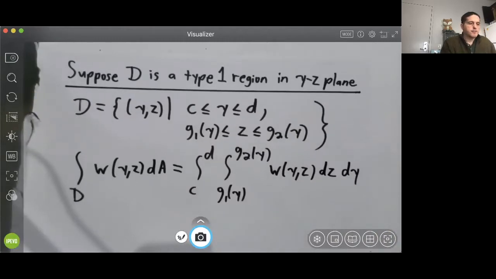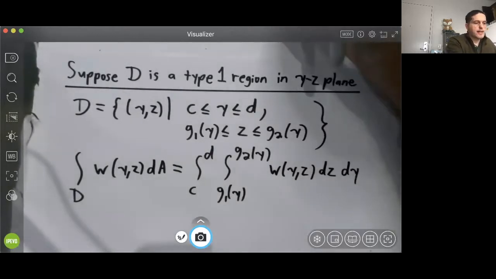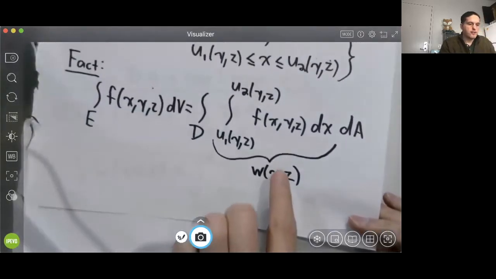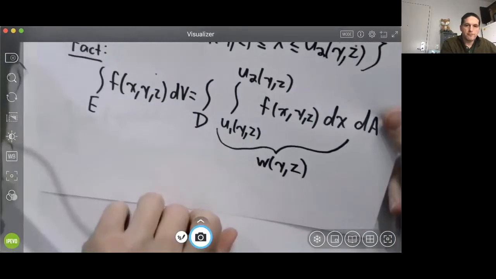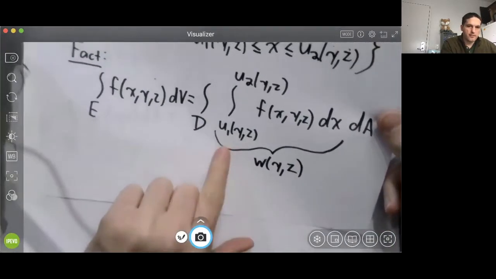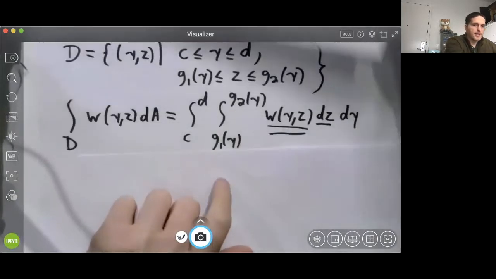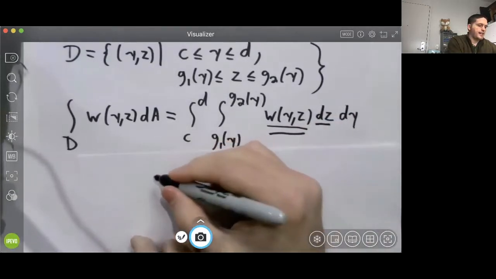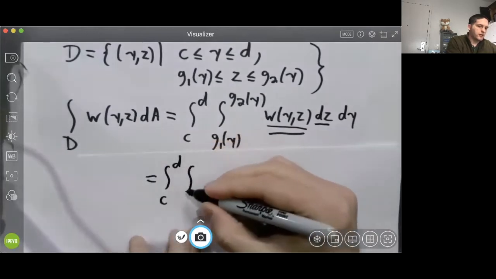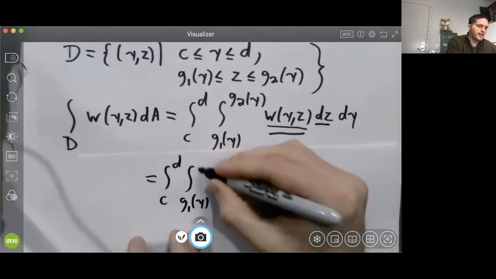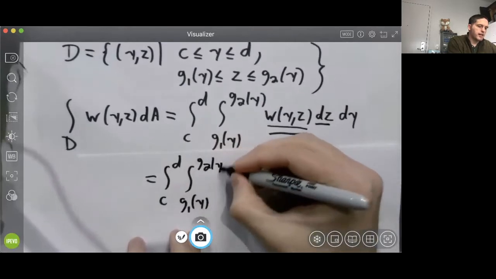Now, let's go back and look again at our expression for w of yz. This is our expression. If we plug in this expression for w of yz, then what we get is the integral from c to d of the integral from g1 of y to g2 of y.